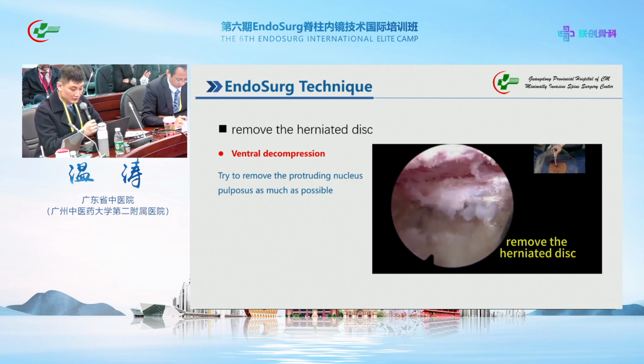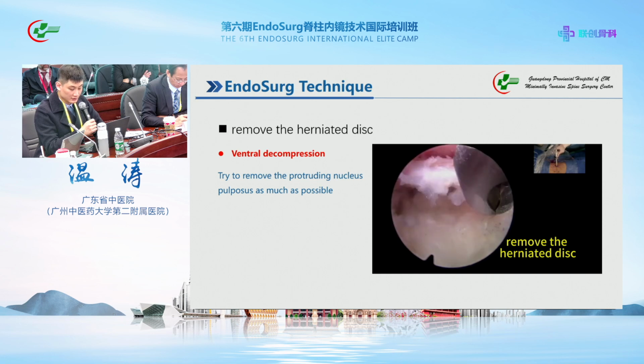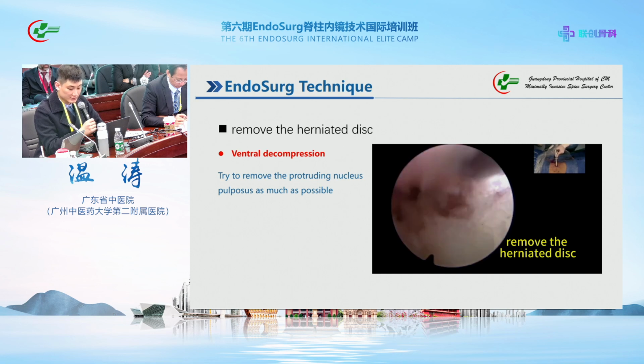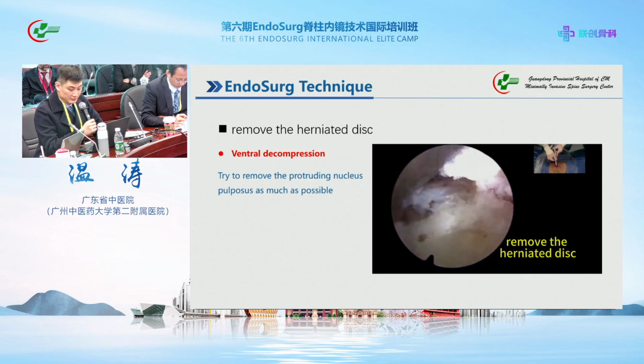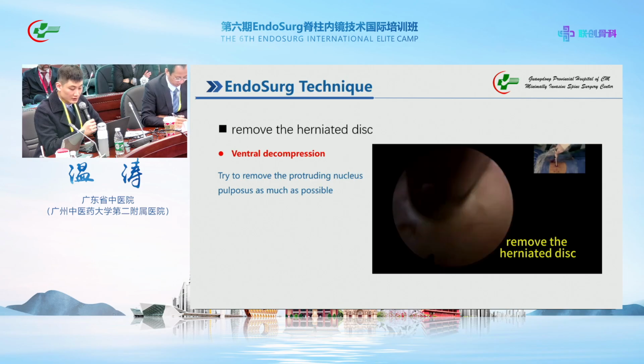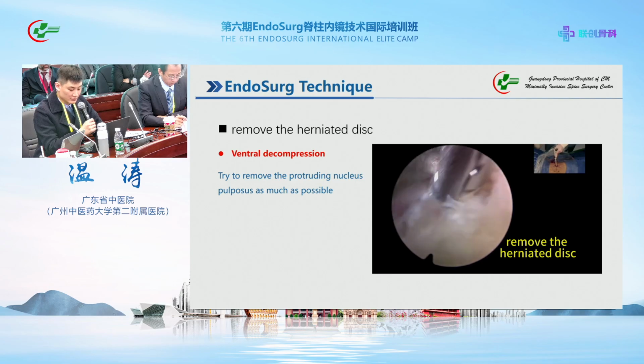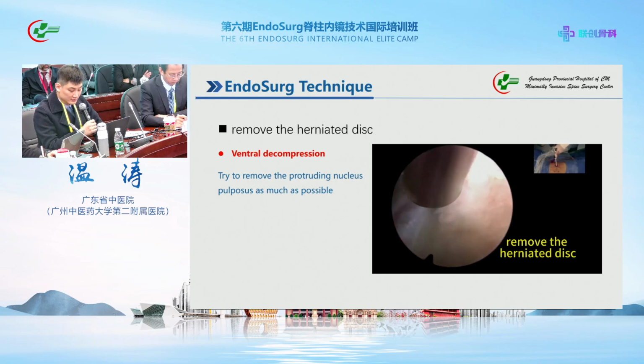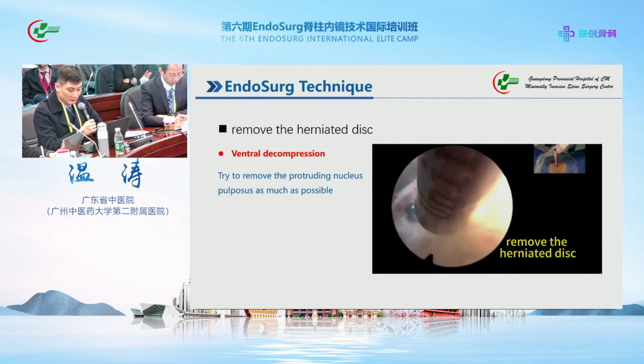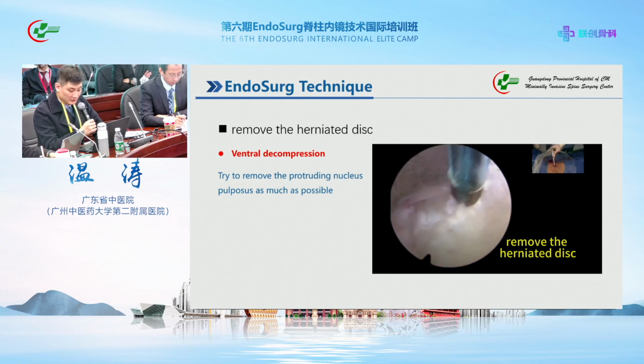But we need to protect the PLL as much as possible, because the PLL can reduce recurrence and adhesion and help the annulus fibers heal quickly. If the PLL is cut too much, when a patient needs a second surgery, it is very difficult because many patients will have some adhesion.